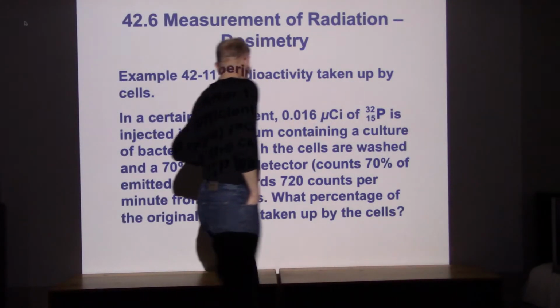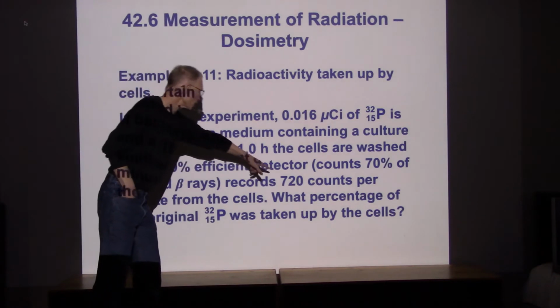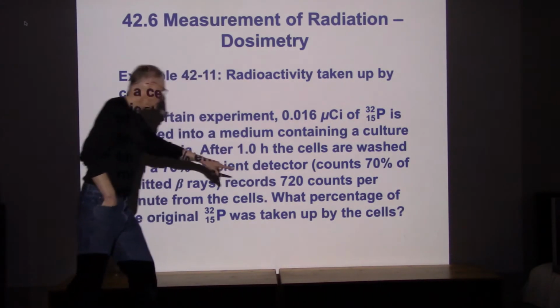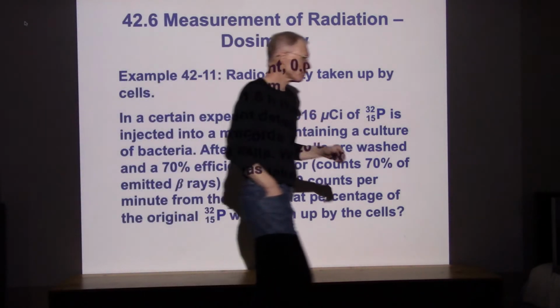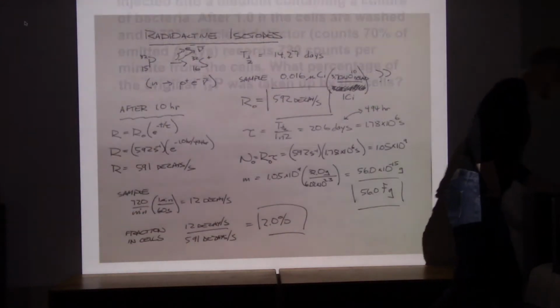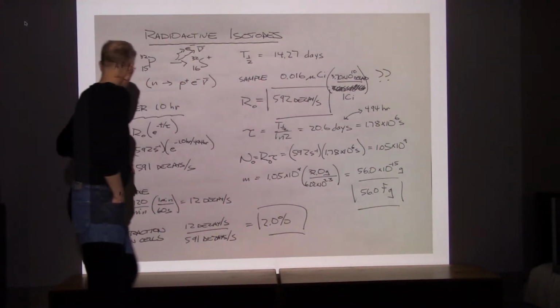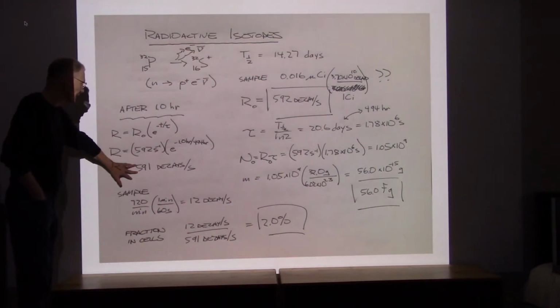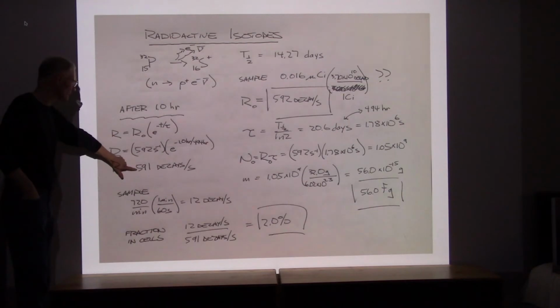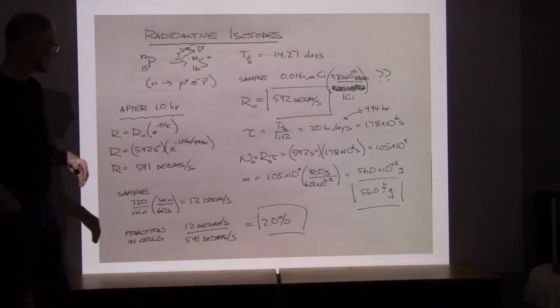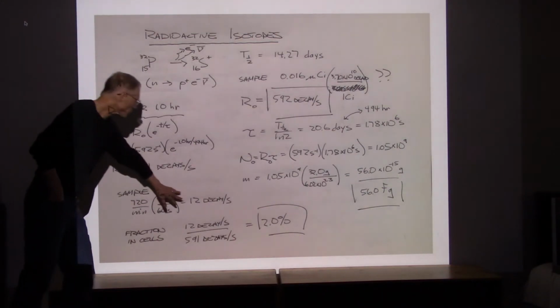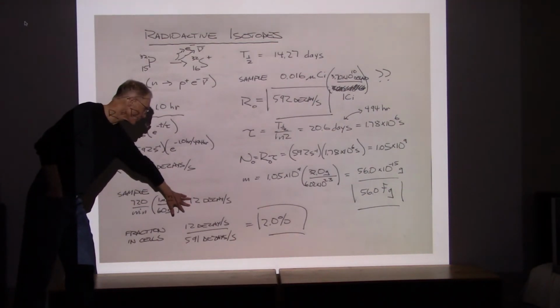So what the 720 is coming from is right here. That's what we're measuring, 720 counts, but it's per minute from the cells. So what we're saying is, if all the phosphorus had been taken up, we would have expected a decay rate of 591 decays per second. Instead, what we're seeing is only 12 decays per second.